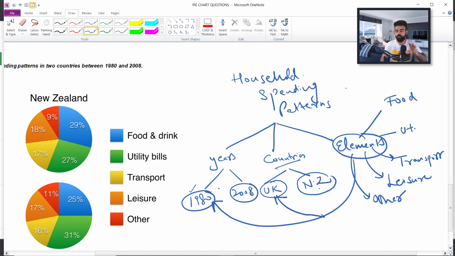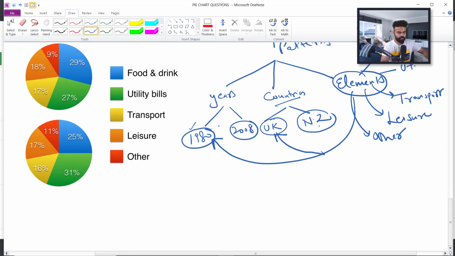Okay, so for overview, let me just quickly explain to you. While writing the overview of your report, you have to include 2 statements, or you can write your overview in 2 statements.